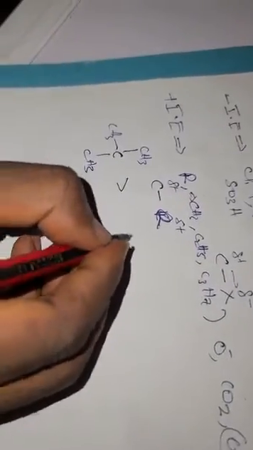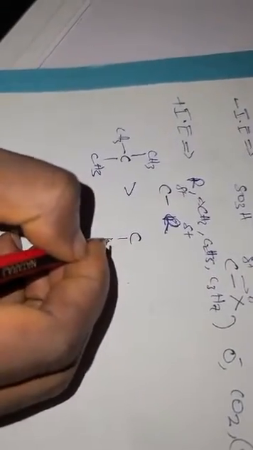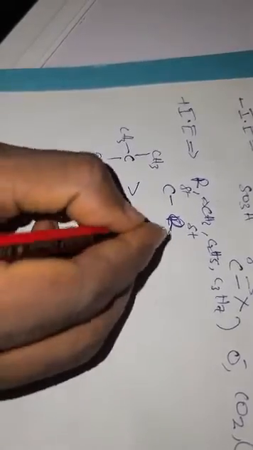The magnitude of the inductive effect of alkyl groups follows an order. The tertiary alkyl group is greater than the secondary alkyl group, which is greater than the primary, then CH3.